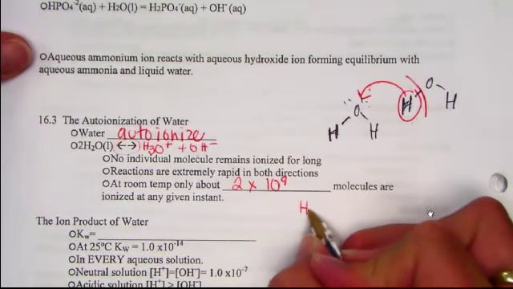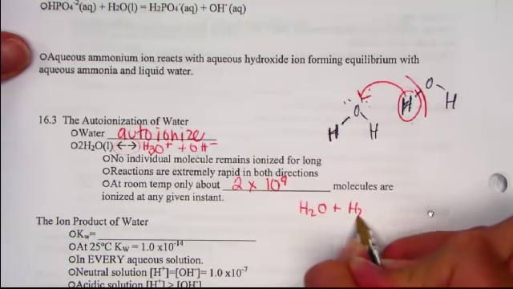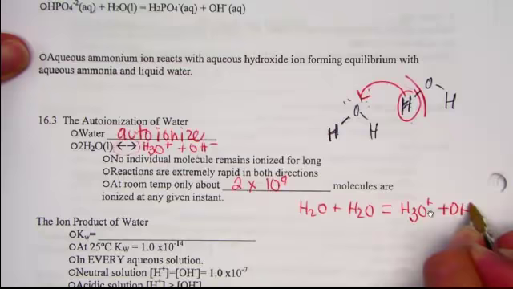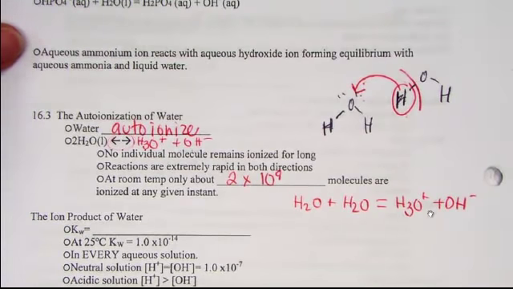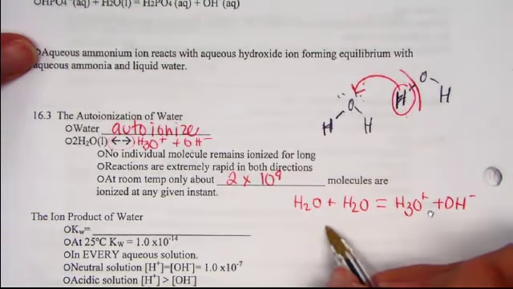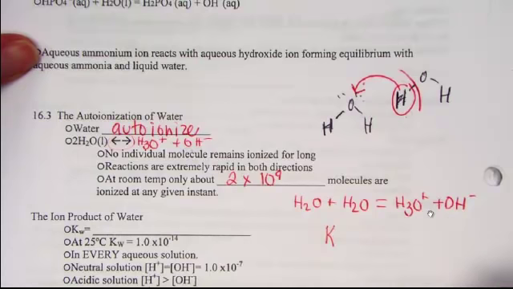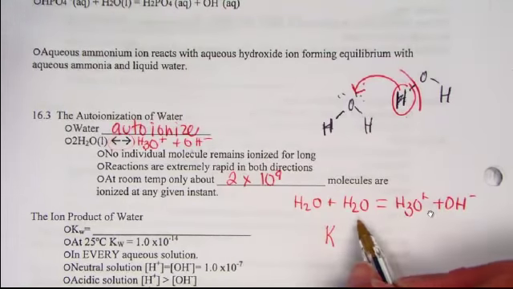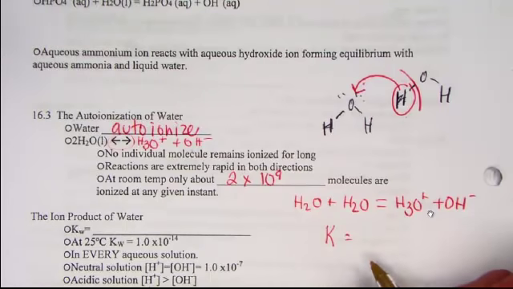If water bombards with itself and sets up an equilibrium between the acid ion and the hydroxide ion, we could write what's called an equilibrium expression. Products over reactants, where pure solids or pure liquids simply drop out of our expression.